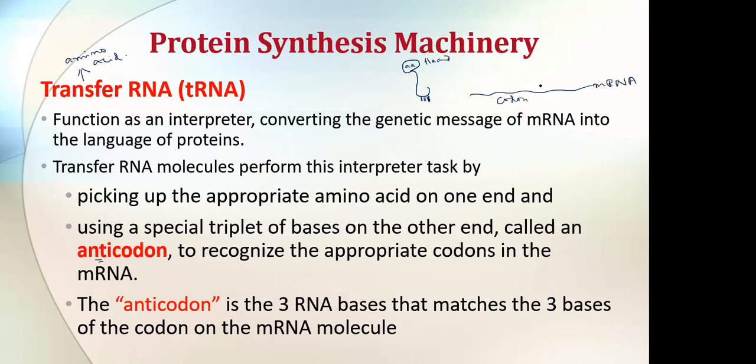Let's say if this is the codon on messenger RNA, U A C, then on tRNA it should be A U G. So it's complementary to the messenger RNA. That's why it is called anticodon. Codon we find on messenger RNA, anticodon is on tRNA.